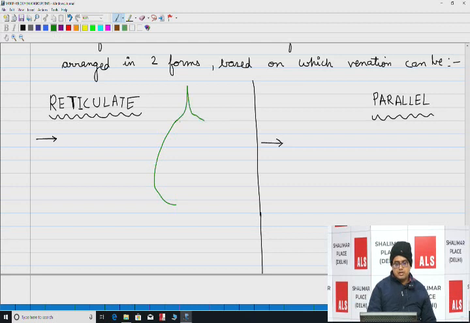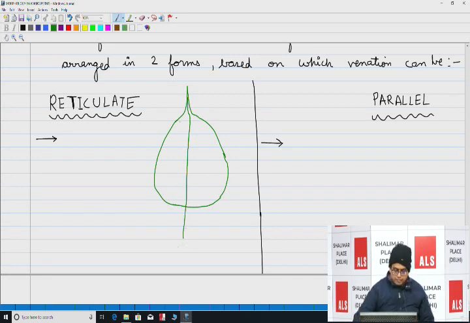I am drawing a peepal leaf for example. Peepal leaf shows the best pattern of reticulate venation, if you want to describe it like that.